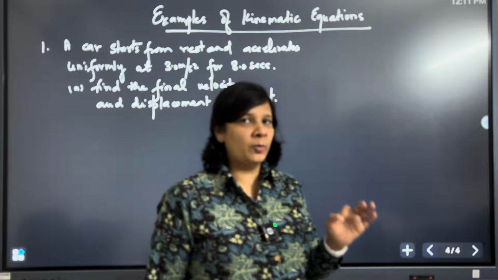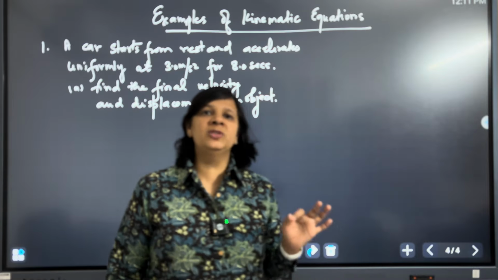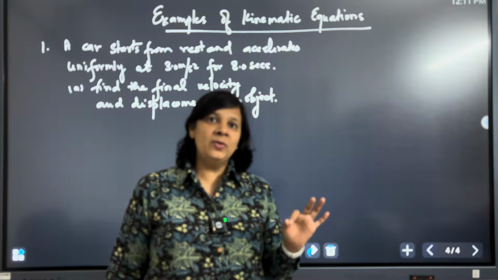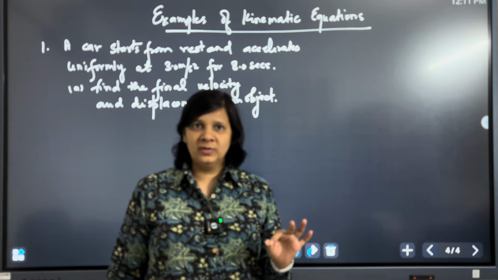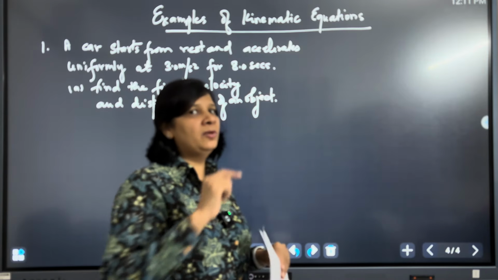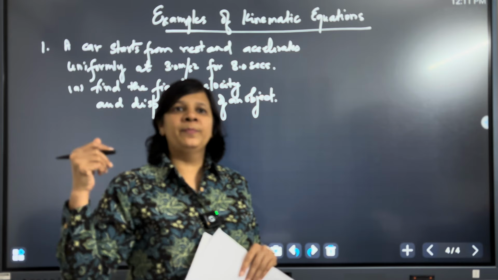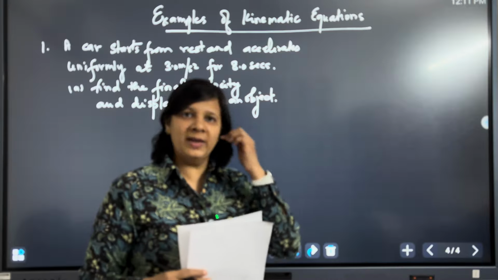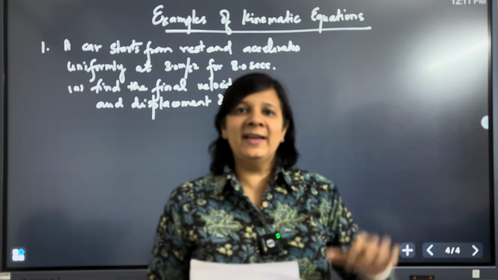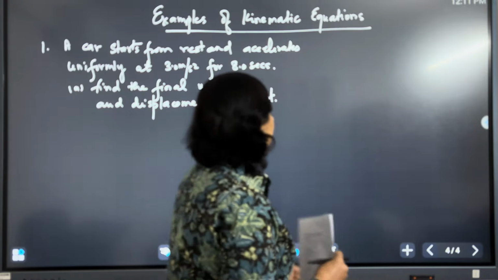In order to do the problems, the most important thing which you have to remember is all these are vector quantities and you have to take care of the direction, right? Generally, as a convention, we always take the positive direction of the x-axis to be positive and the negative direction of the x-axis to be negative. Similarly, we can take upward direction to be positive and downward direction to be negative. Okay?